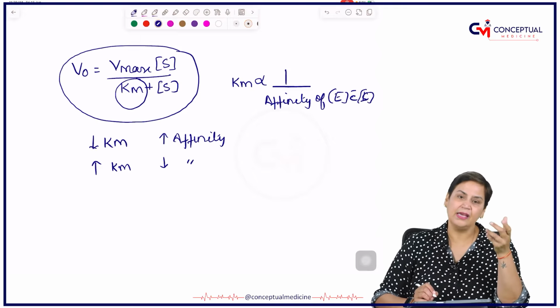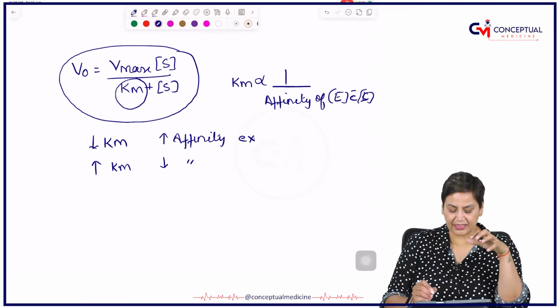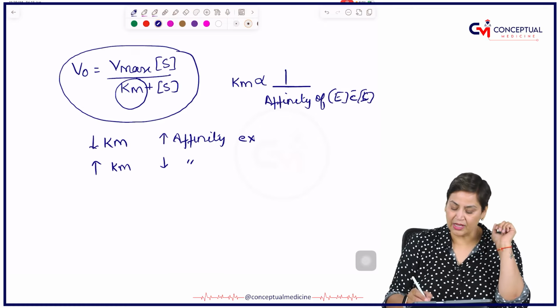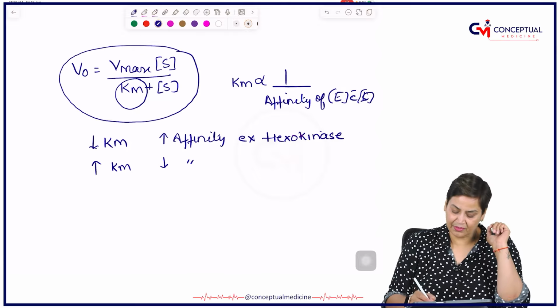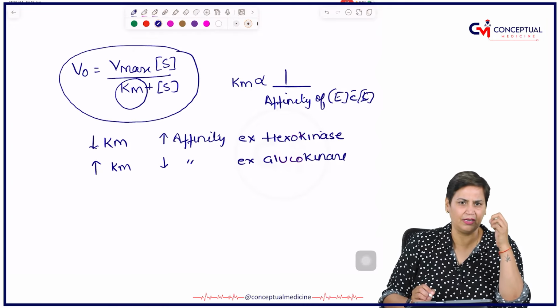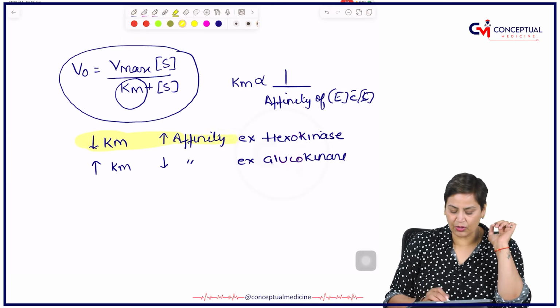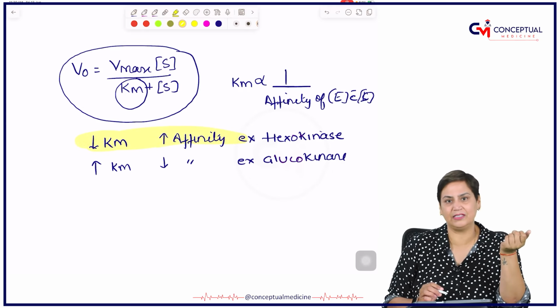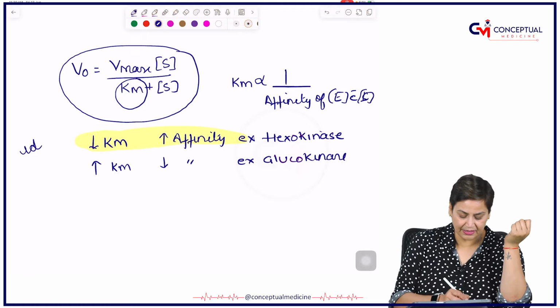An example, and we are going to discuss these examples in detail also, but here just for your knowledge, the most ideal example of low Km is hexokinase, and a high Km example is glucokinase. And in general, for any ideal substrate, keep this in mind: all ideal substrates will have a low Km. They need to have maximum affinity.